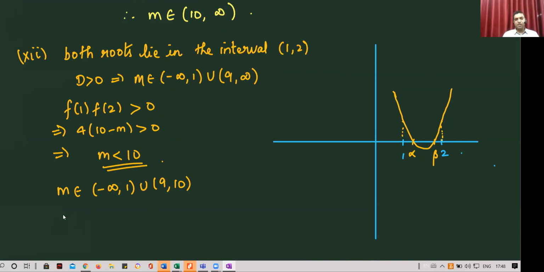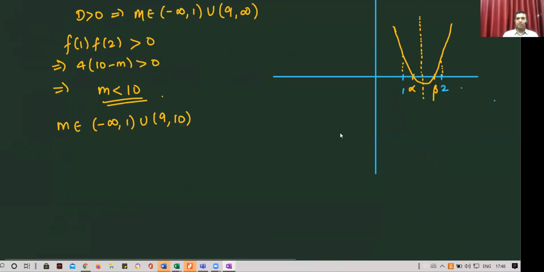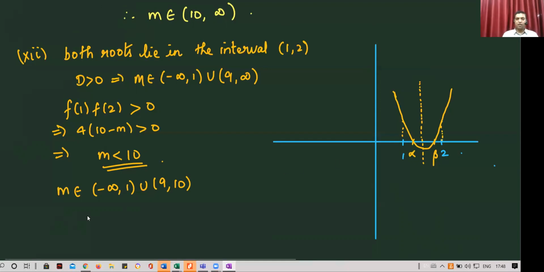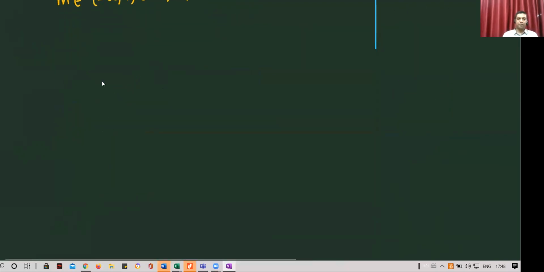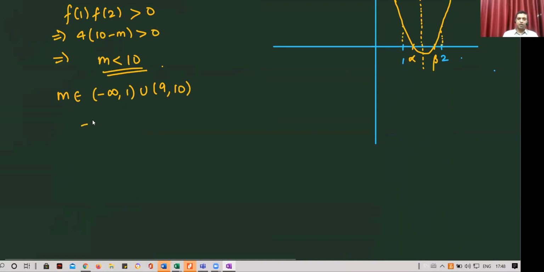One more condition you have to check. One more condition you'll need to check is that this minus b by 2a should lie between 1 and 2.